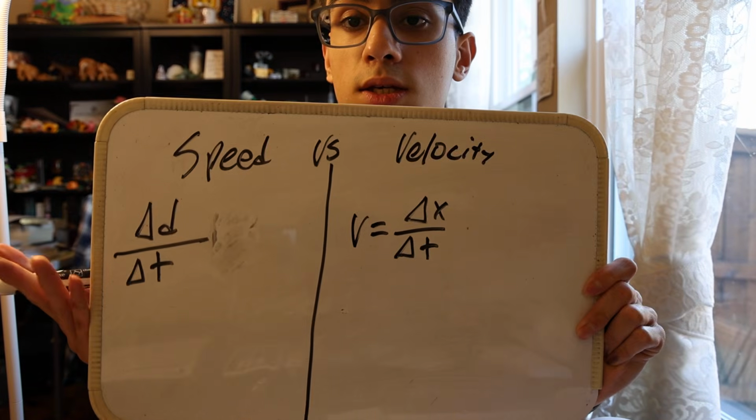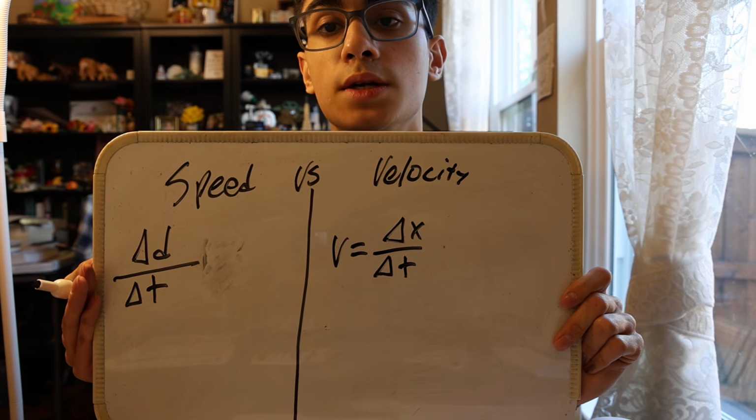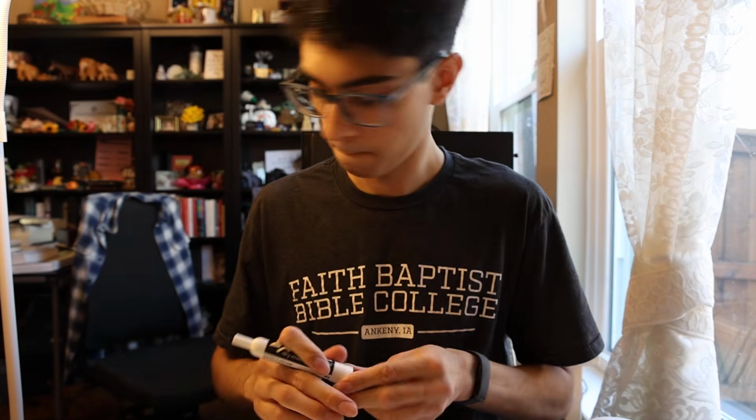Okay, so speed is delta d over delta t, and then velocity is delta x, or displacement, over delta t, the change in time.